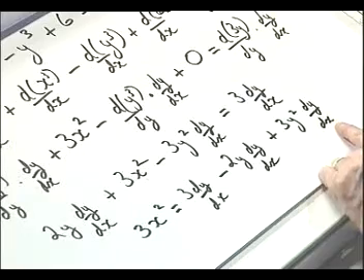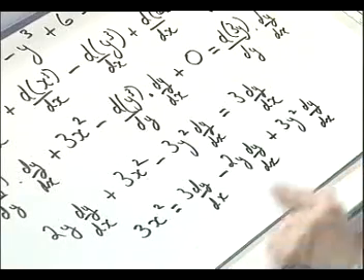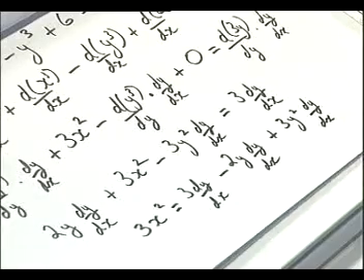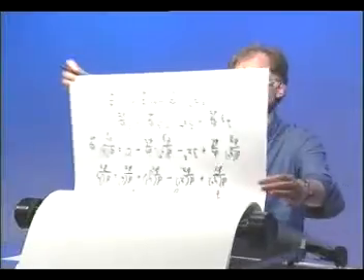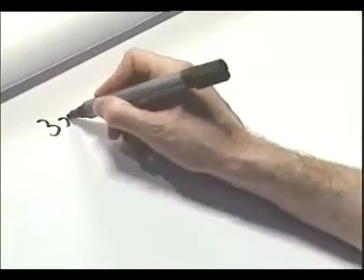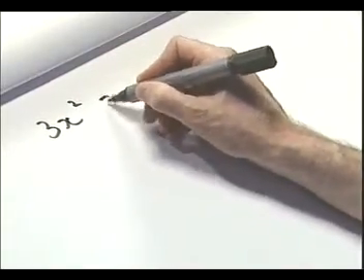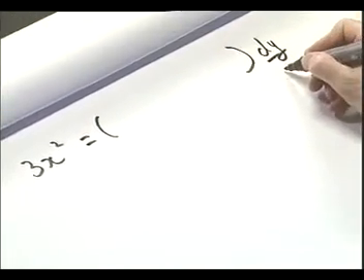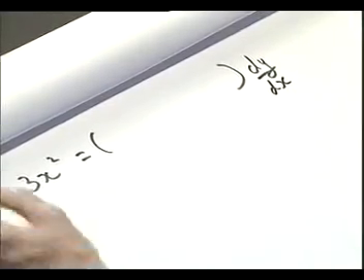What I can see here is that I've got a common factor of dy by dx that I can take out. So that's what we're going to do next. So we'll have 3x squared equals, bracket, and taking out that common factor of dy by dx.